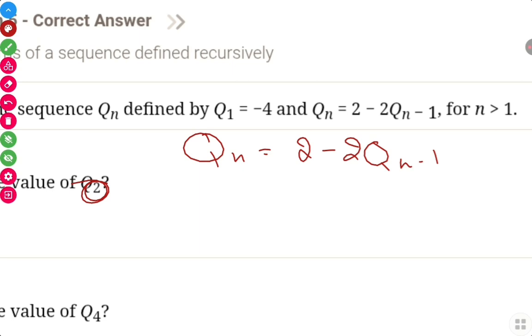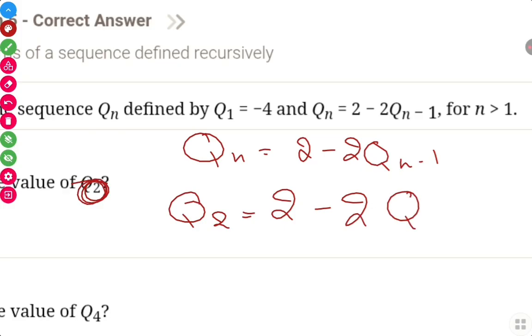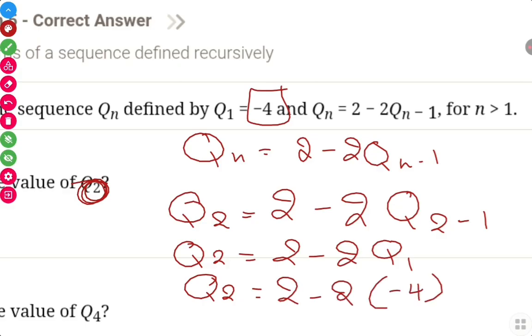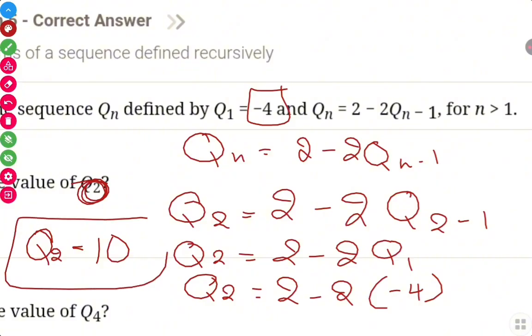They told us n was 2, so we substitute 2 into n. q2 is going to be 2 minus 2 times q_(2-1), which is q2 equals 2 minus 2 q1, because 2 minus 1 is 1. They told us q1 is negative 4, so q2 is equal to 2 minus 2 times negative 4, which is 10. So q2 is equal to 10.